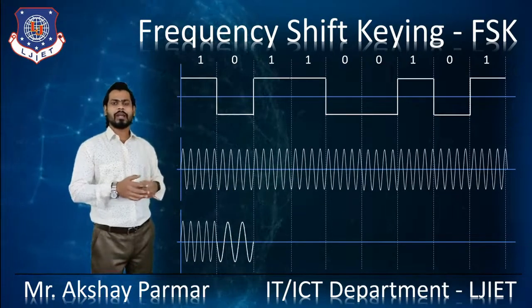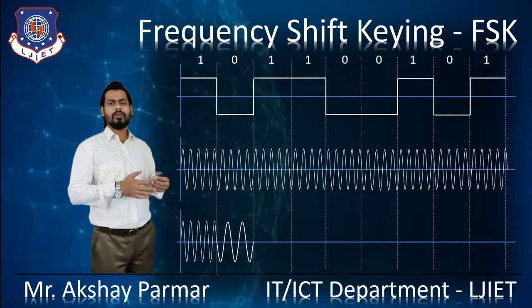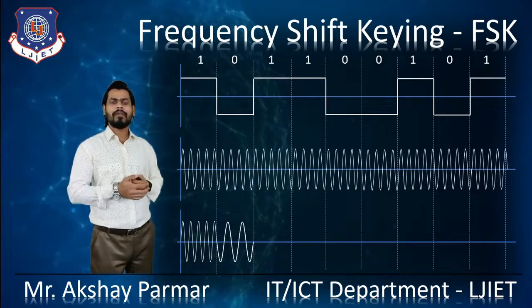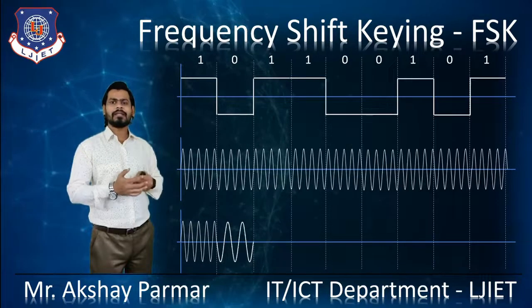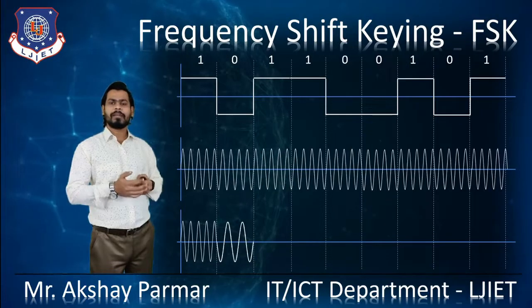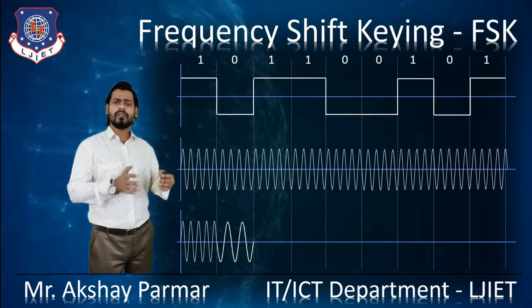So we follow this method: whenever bit 1 is encountered, we use the signal with the higher frequency, and whenever bit 0 is encountered, we represent that bit by the signal with the lower frequency, right?